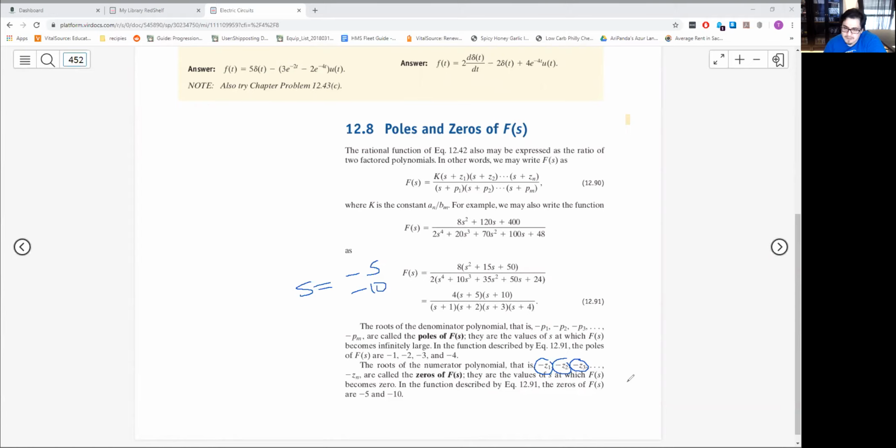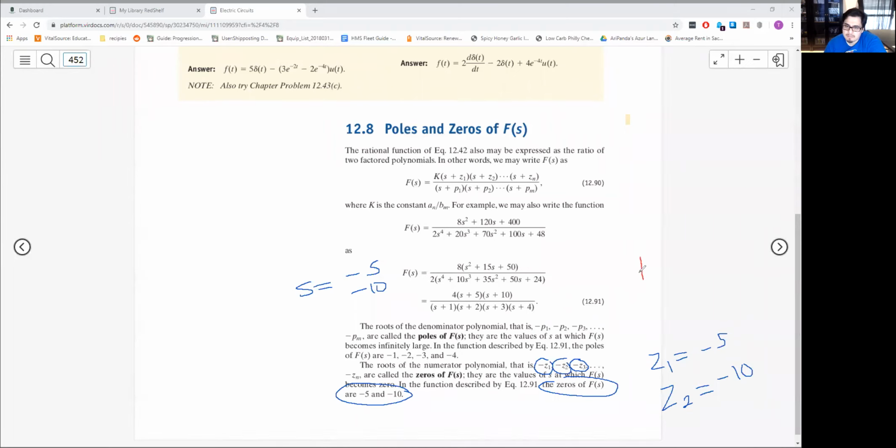So in this case, this Z1 is -5, and Z2 equals -10, right? The zeros for F(s) are -5 and -10, right?